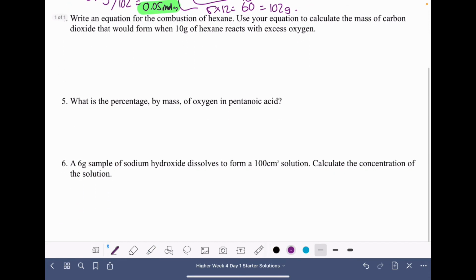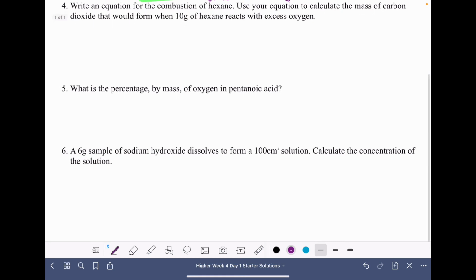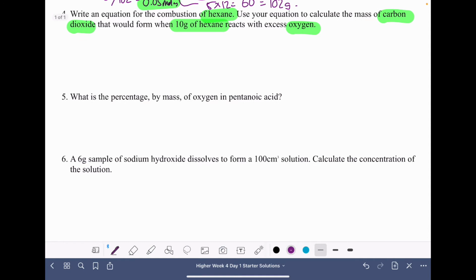Next one, write an equation for the combustion of hexane. Use your equation to calculate the mass of carbon dioxide that would form when 10 grams of hexane reacts with excess oxygen. First of all, let's get our balanced equation ready. Hexane is C6H14.